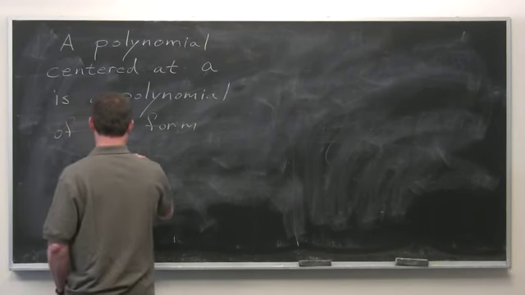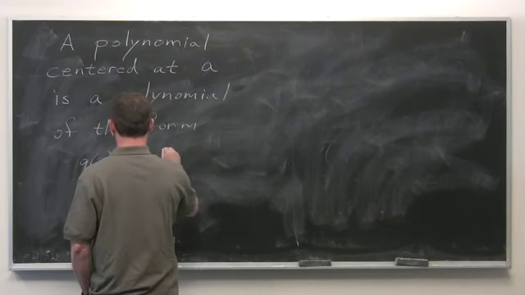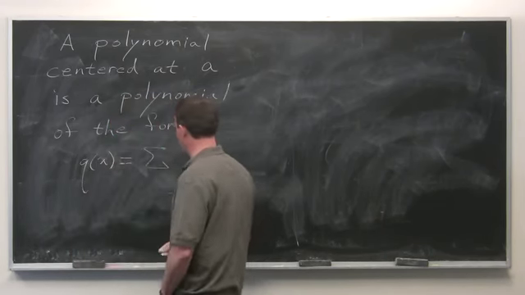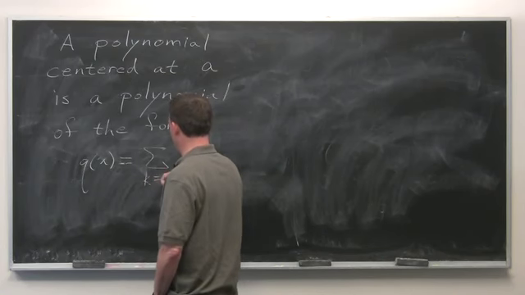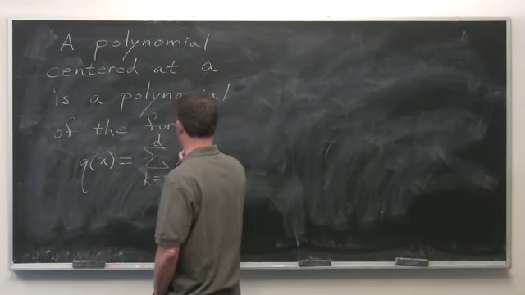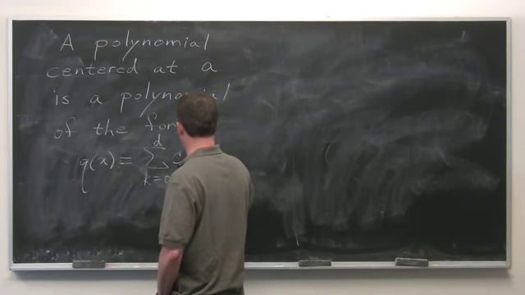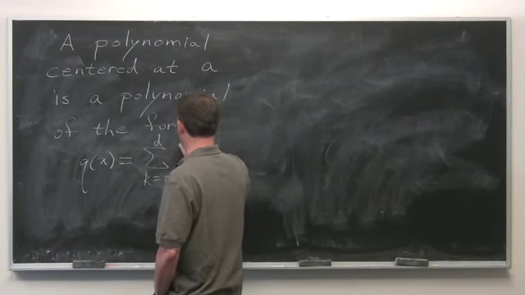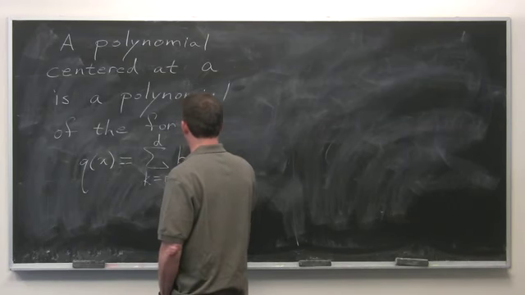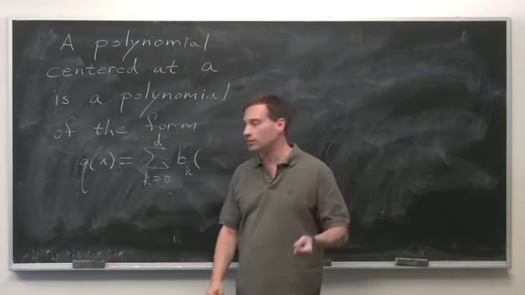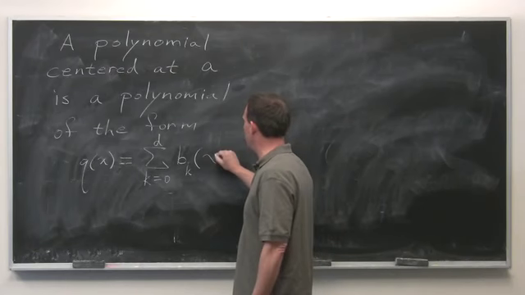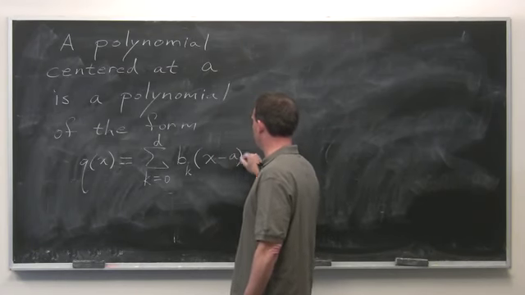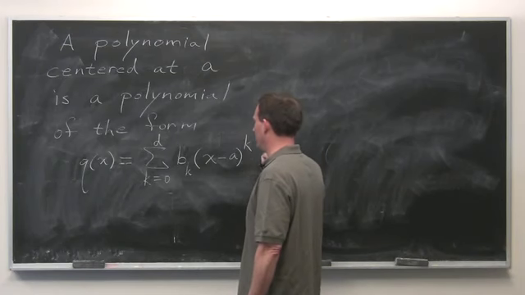I mean, I could call it p again, but since I was using p's for polynomials centered at 0, maybe a q would be nice. The sum from k equals 0 to d, I'll still use that, of some constant, maybe I'll use b's here, not that it matters, b sub k, but instead of having powers of just x, you have powers of the quantity x minus a raised to the k.